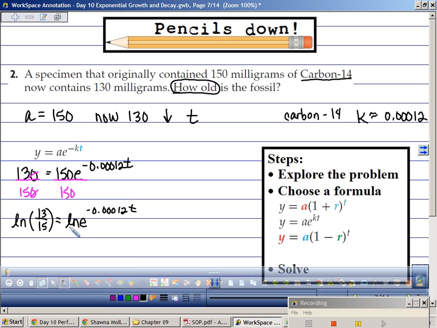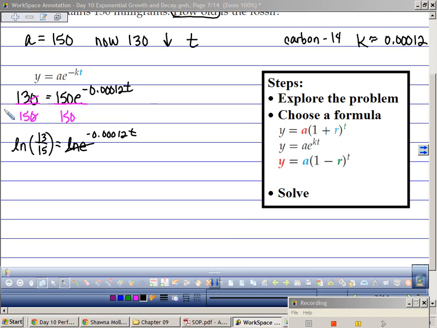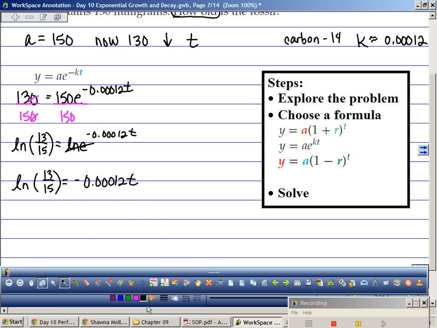Okay, this becomes 1, correct? And ln of 13 over 15 equals negative 0.00012 t. Now what? Divide.